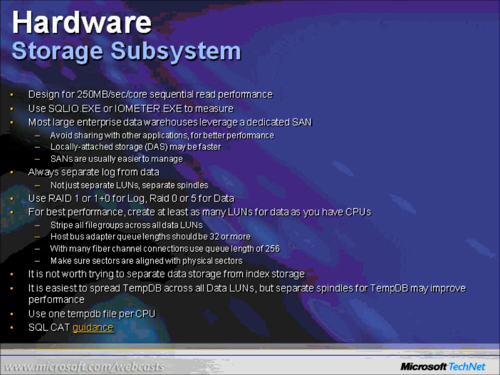You can use measurement tools like SQLIO.exe or IOmeter.exe to measure the effective I/O performance of your system. We recommend that you use these tools to verify that your I/O system is delivering something like 250 megabytes per second per core for most efficient and balanced performance.